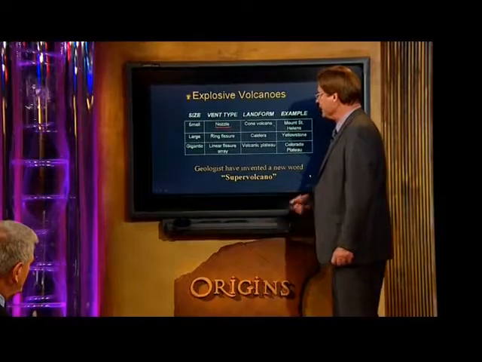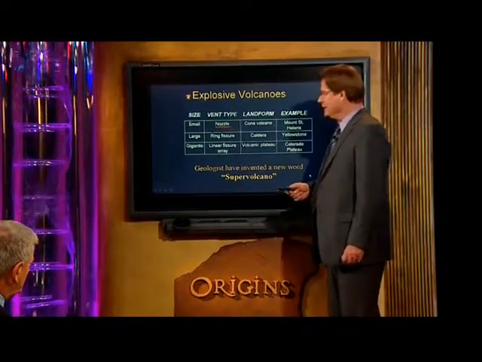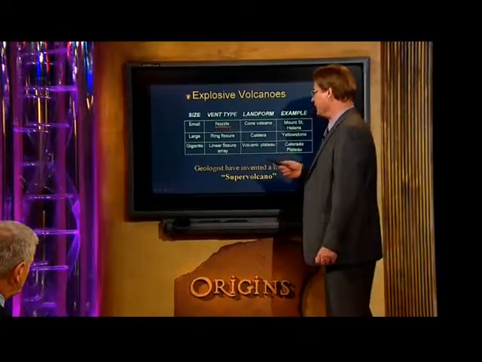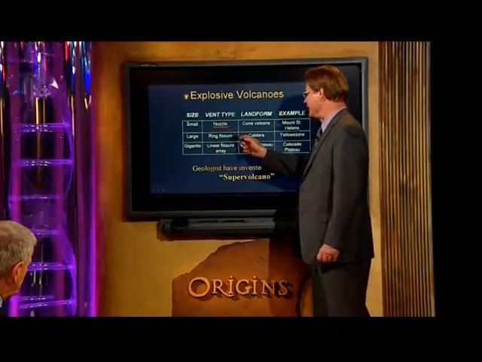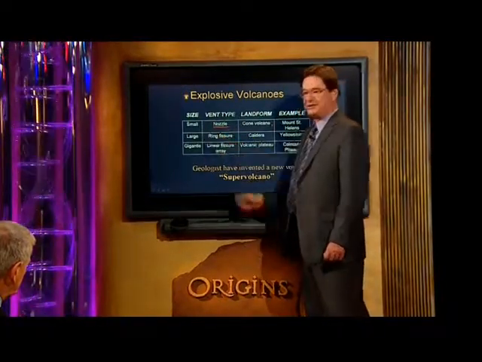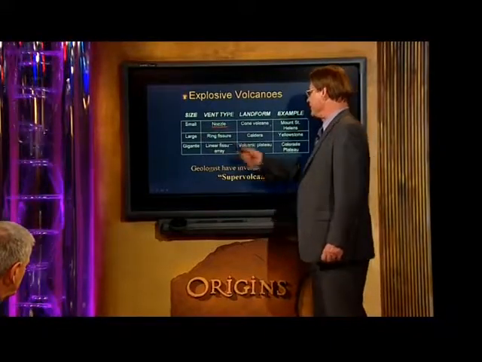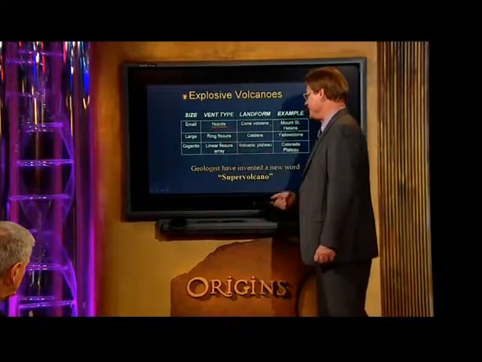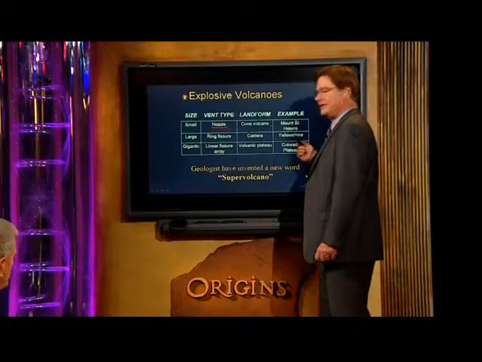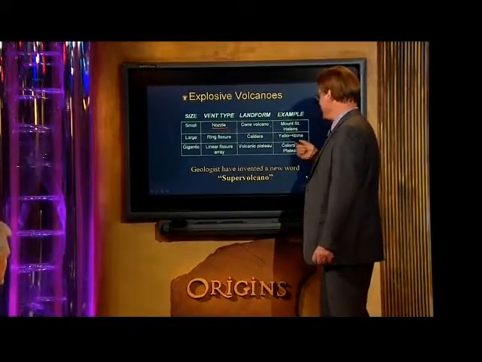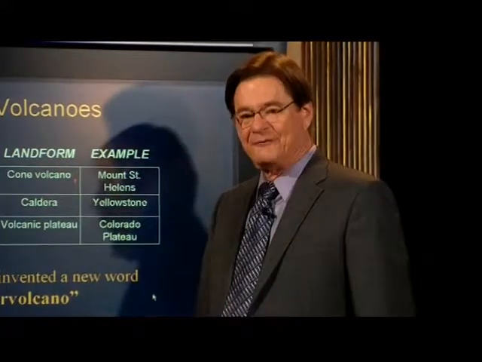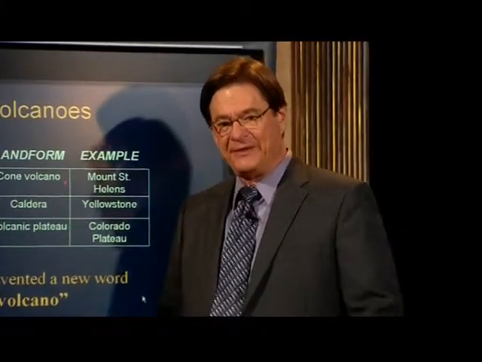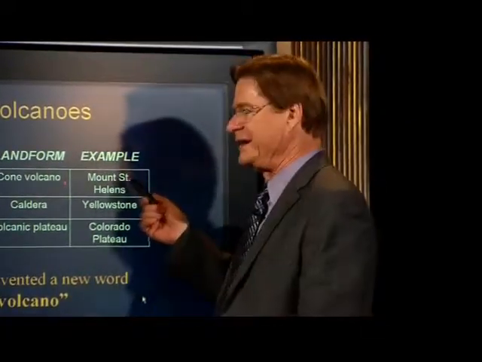The ones that are less familiar are called ring fissure volcanoes, and they can be very large. We know about a few of them, for example Yellowstone, with eruptions on the order of 2,500 times the explosion power of Mount St. Helens. Wow.